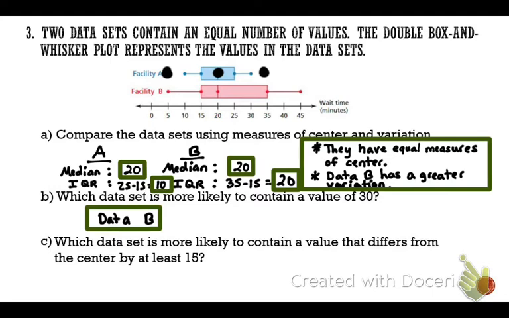How about B? What's the center for B? 20. What would be 15 more than 20? 35. Does that land in the box? So that answers us right there. The one that's most likely to contain a value that differs, in this case 15 minutes more, would be data B.